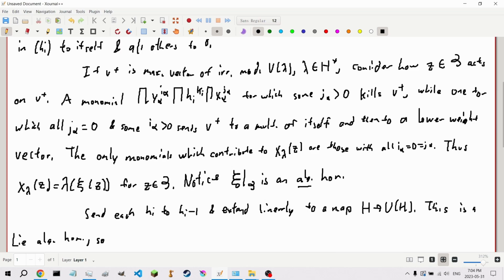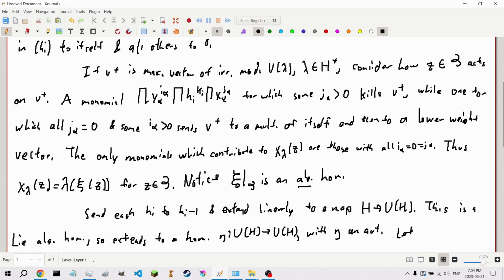So it extends to a homomorphism eta from the universal enveloping algebra of H to itself, with this eta being an automorphism. Now you can just add one back to get its inverse.